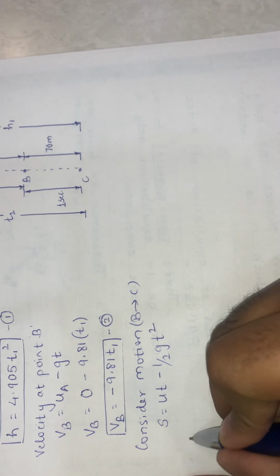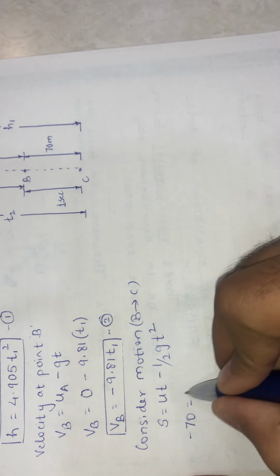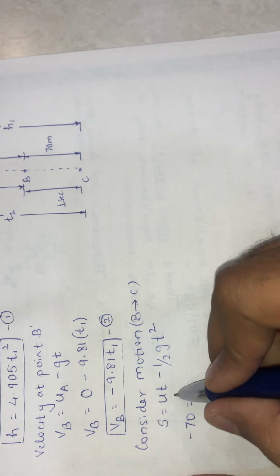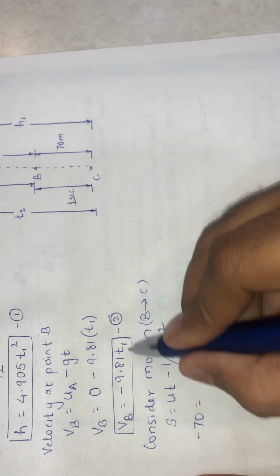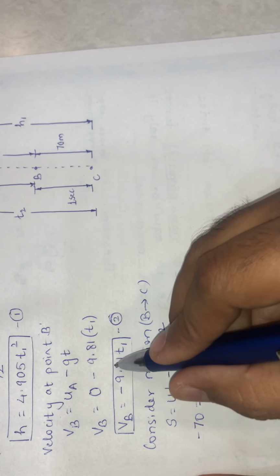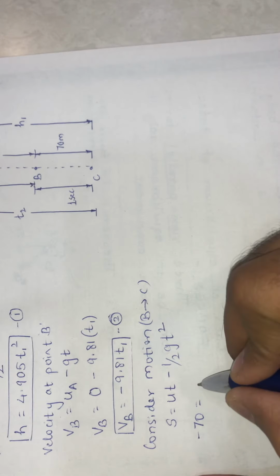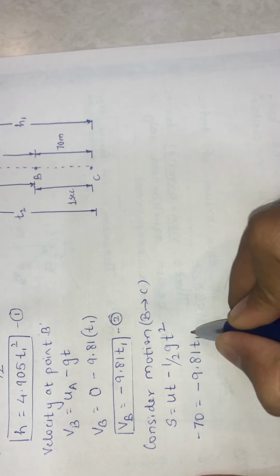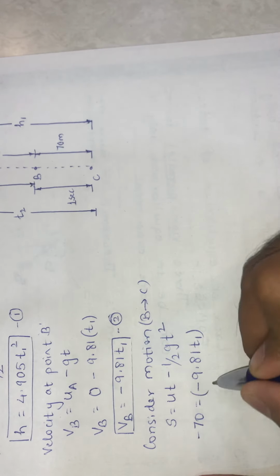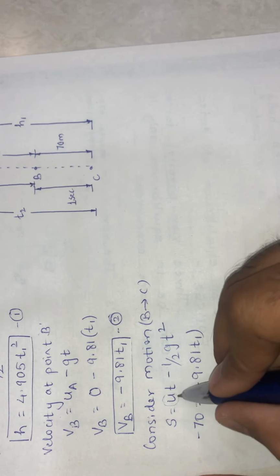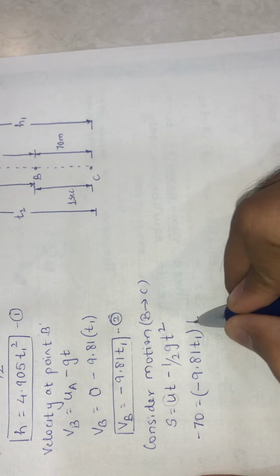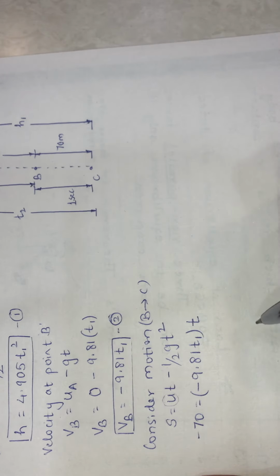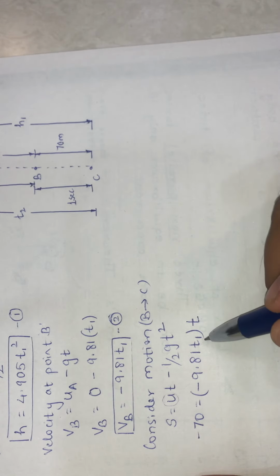S here will be minus 70, and u will be the final velocity at point B. So we'll substitute minus 9.81 t1 for the u which is multiplied by t. Please keep it in mind that this t and this t1 are different.